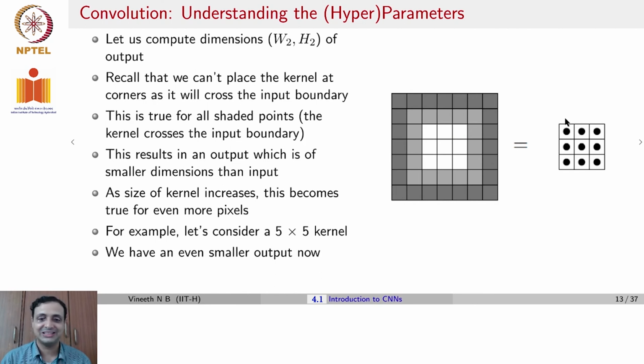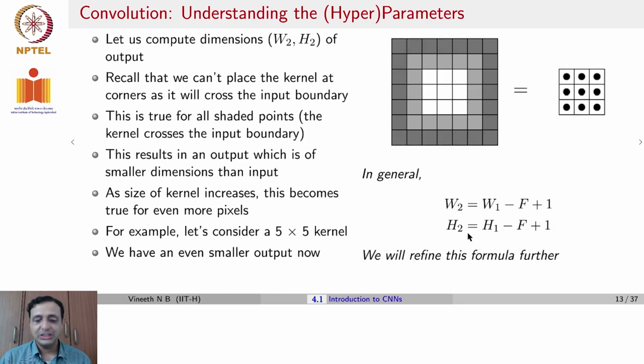So your output in this case would be a 3x3 matrix. We've seen these before. In general, we can say with this restricted setup that W2 will be W1 minus F plus 1 and H2 will be H1 minus F plus 1. So if your input was W1 and H1, in this case 7 cross 7, and F was 5 cross 5, you have 7 minus 5 plus 1, which is 3, and the same for H2, and that makes your output a 3x3 matrix.